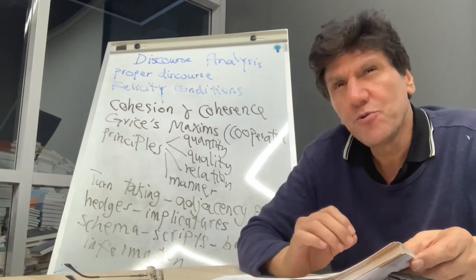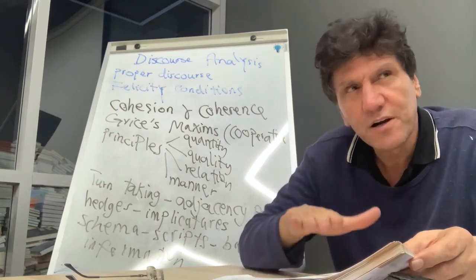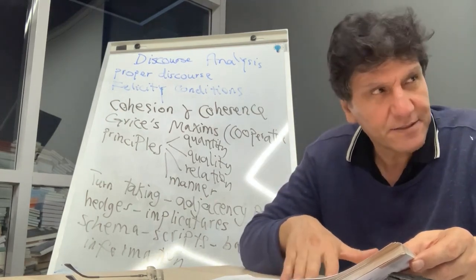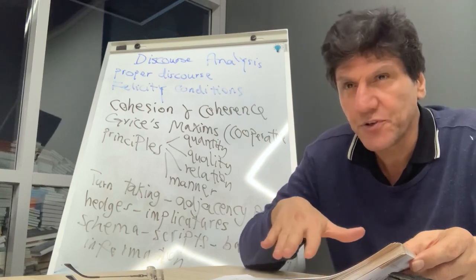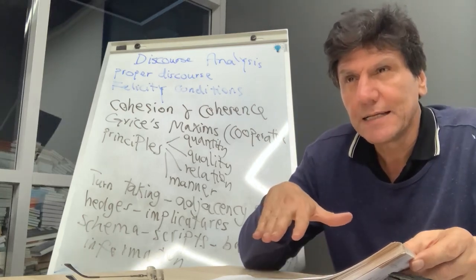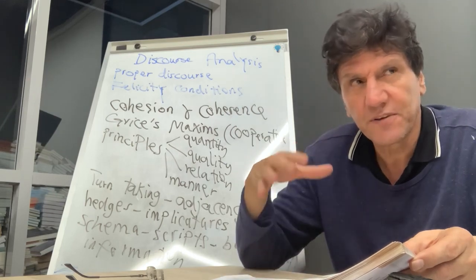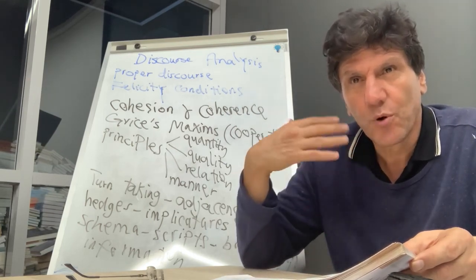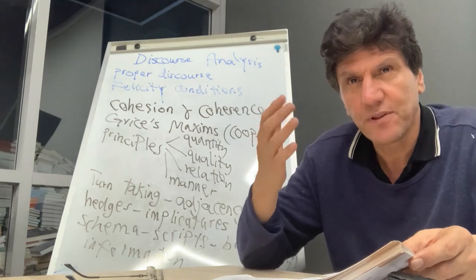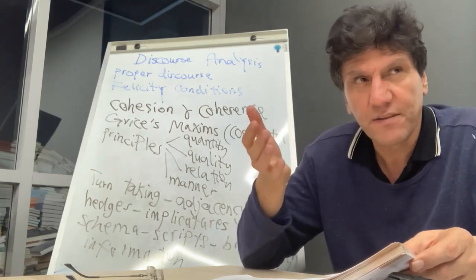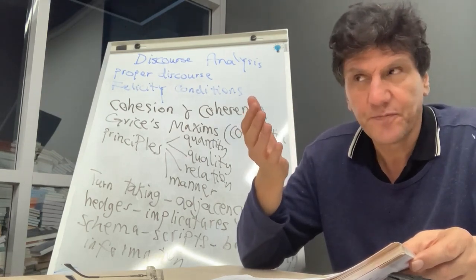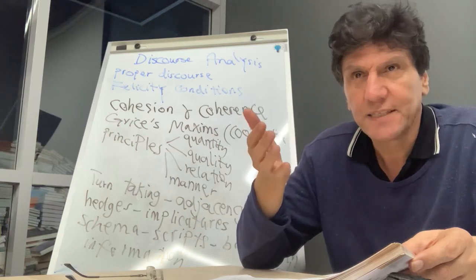So hedges are used by people of lower status, lower education, and younger, talking to people who are more significant, more important, more powerful, and older than themselves, to be polite.